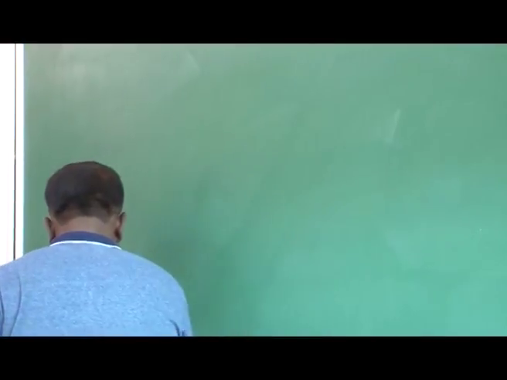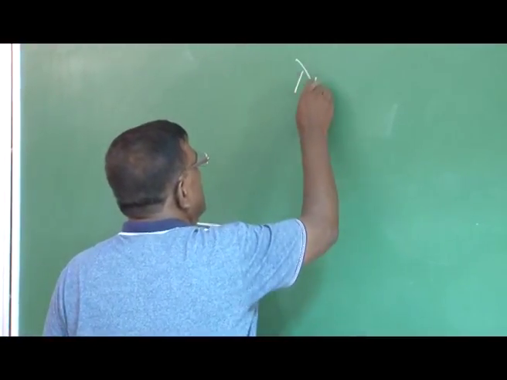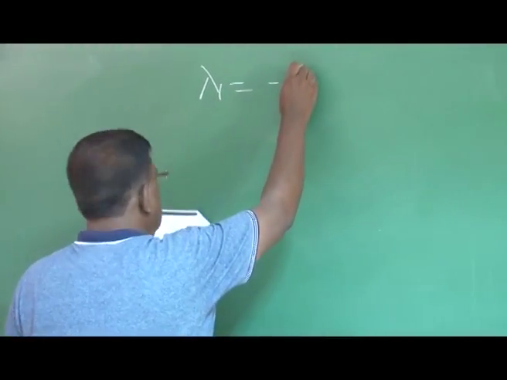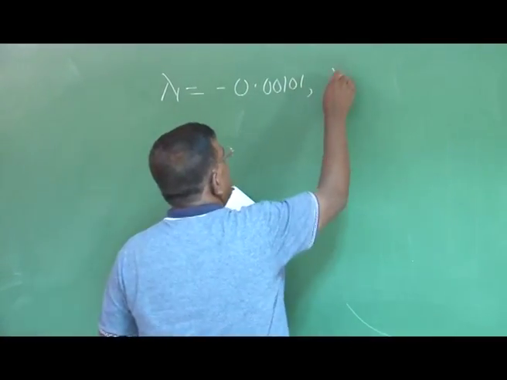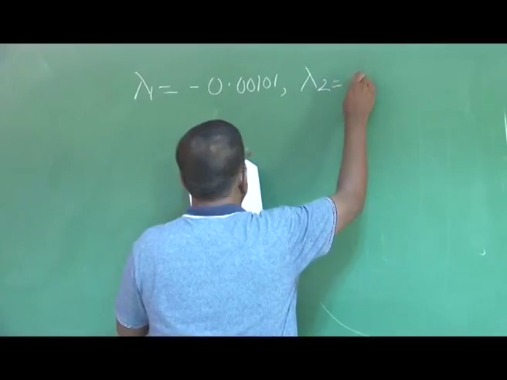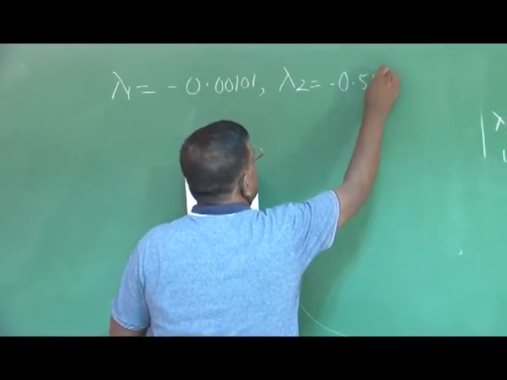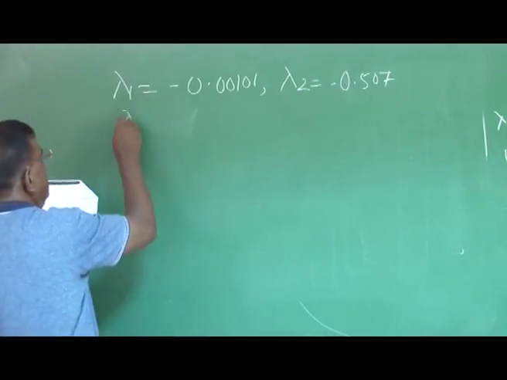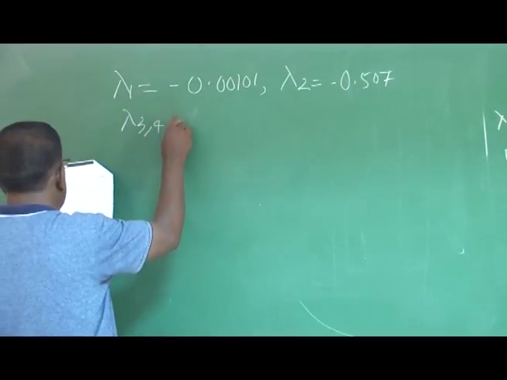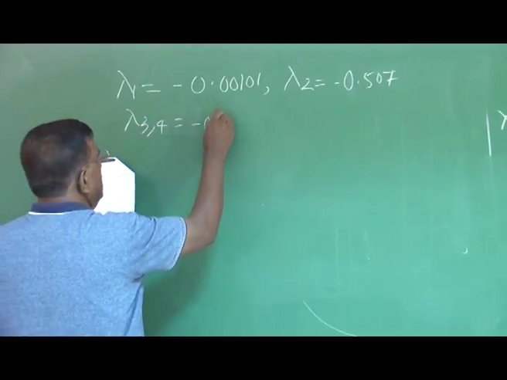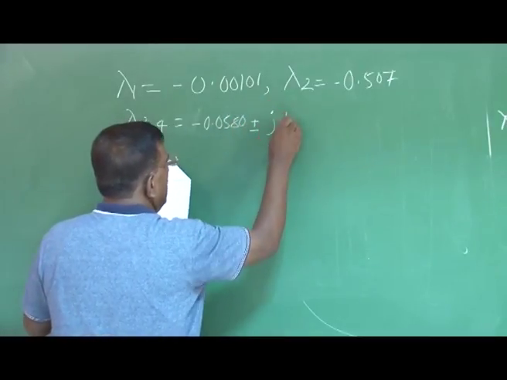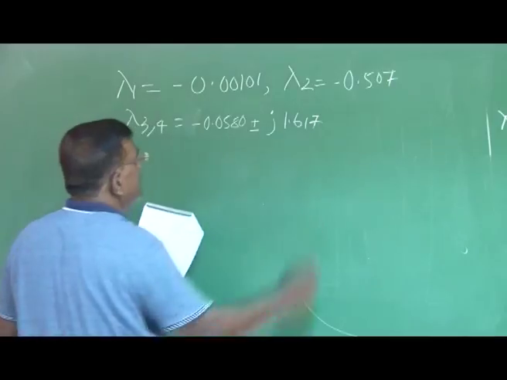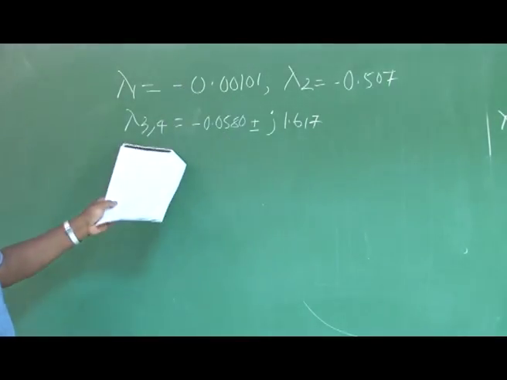So, if I write lambda 1 equal to minus 0.00101, lambda 2 equal to minus 0.507, and lambda 3, 4 as minus 0.0580 plus minus j 1.617, then I know these two are first order, this is second order.